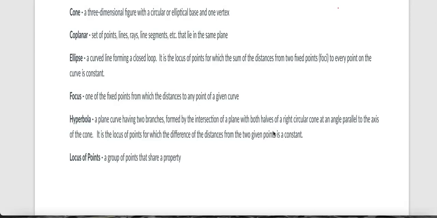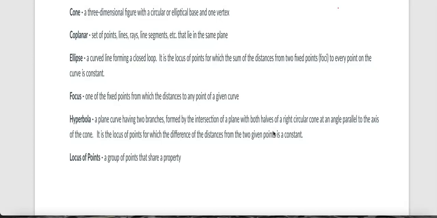So what is a hyperbola? A plane curve having two branches formed by the intersection of a plane with both halves of a right circular cone at an angle parallel to the axis of the cone. It is the locus of points for which the difference of the distances from two given points is a constant, and I will go into detail when I explain this concept to you.